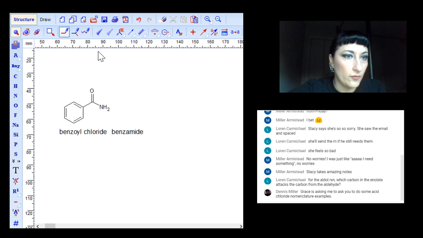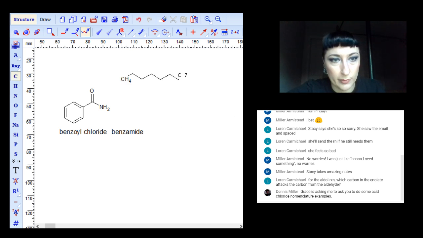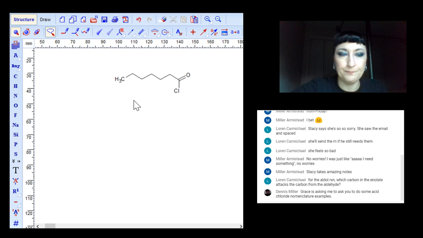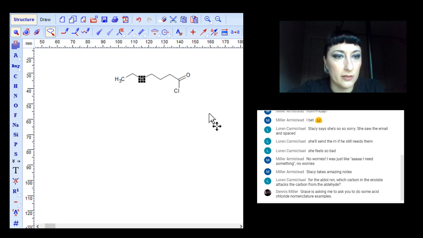If I have a nice long chain of carbons, let's do 7, and then on the end there I have an acid chloride. If you notice all the carboxylic acid derivatives, we didn't number anything on those because they're by definition going to be at the end, just like a carboxylic acid or an aldehyde, so you don't need to number them. But here I have this acid chloride. Let's put something on it like a methyl. Okay.